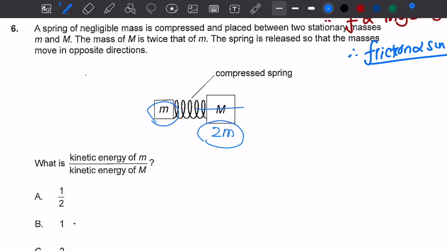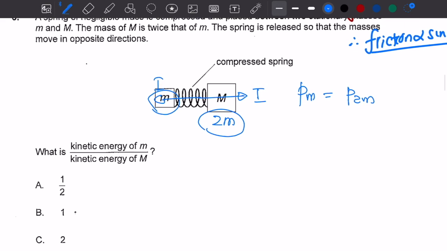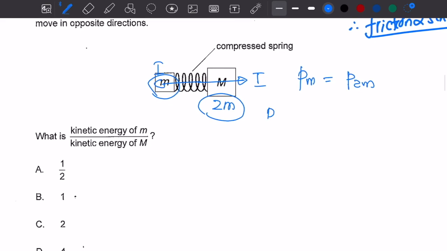We know by conservation of momentum, there's an impulse acting, so the net force is 0. So momentum of mass m equals momentum of 2m. They are in opposite directions, right? But we know p squared over 2m is the kinetic energy.